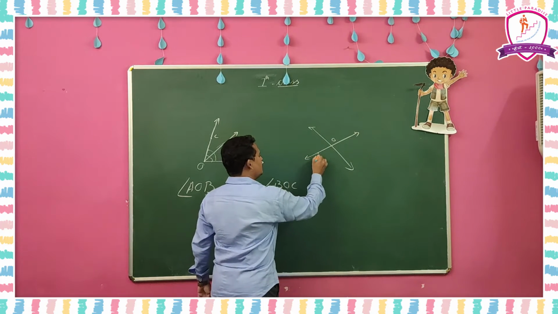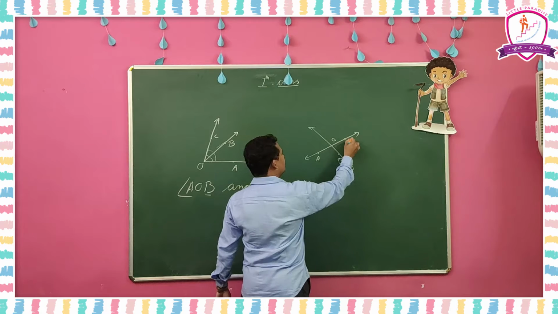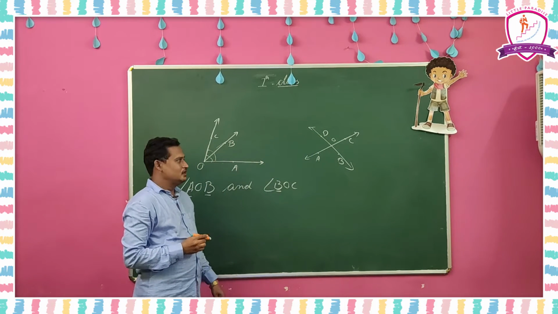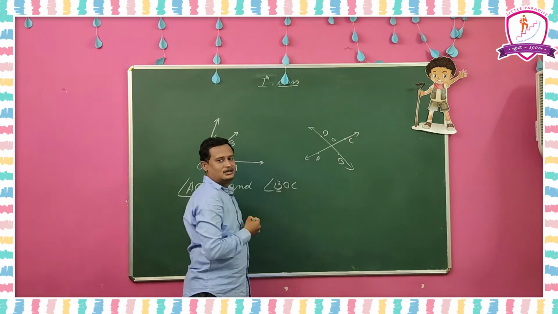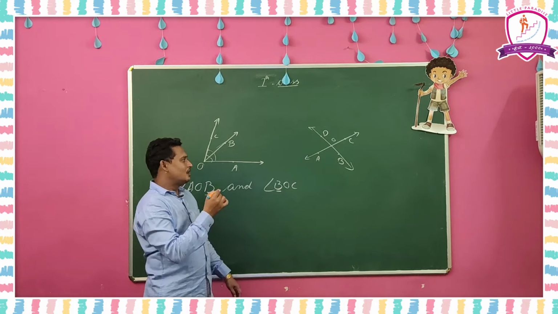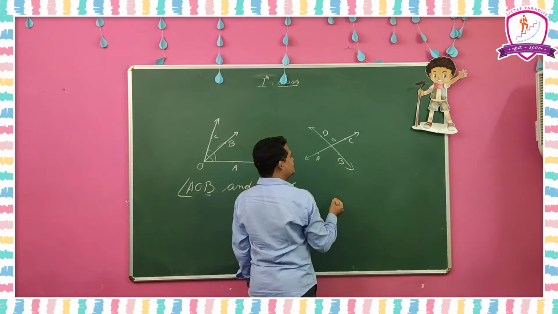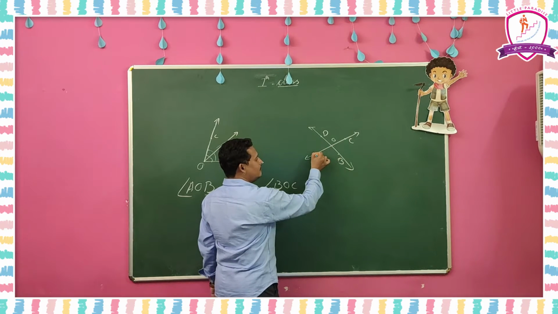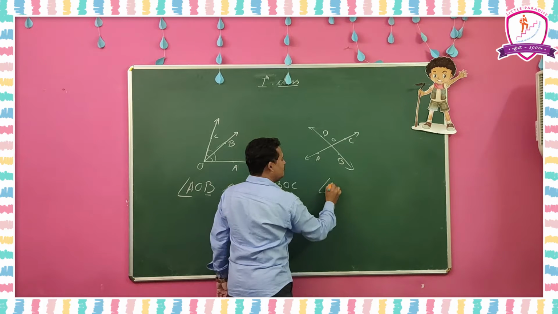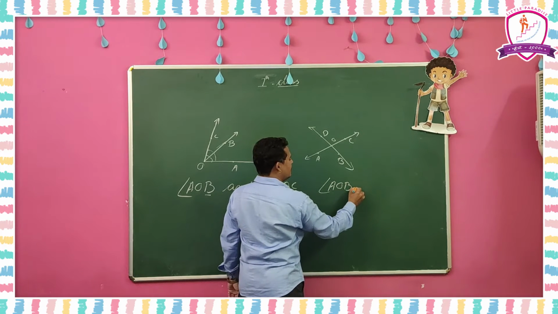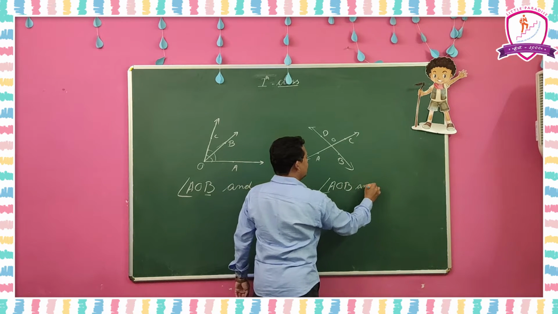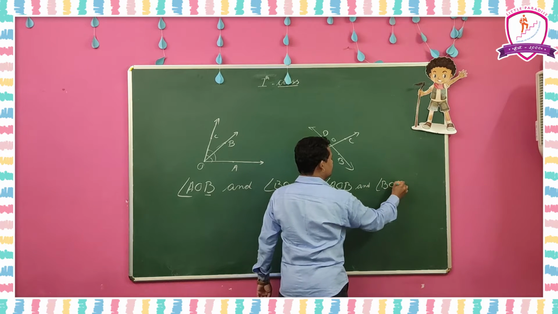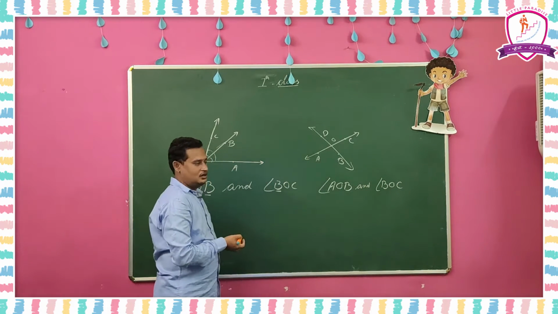Here also there are OA, OB, OC and OD. Here also four arms are there, and O is the common vertex for all. So what are the adjacent angles? Angle AOB and angle BOC are adjacent.